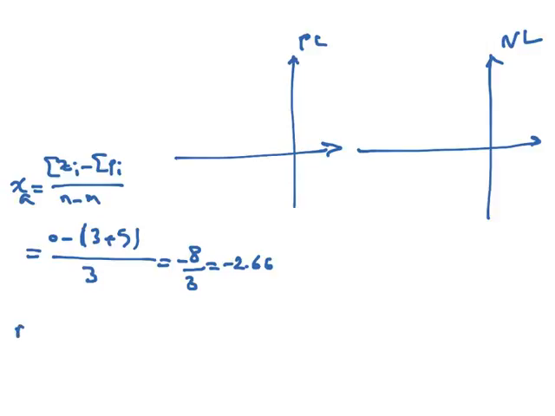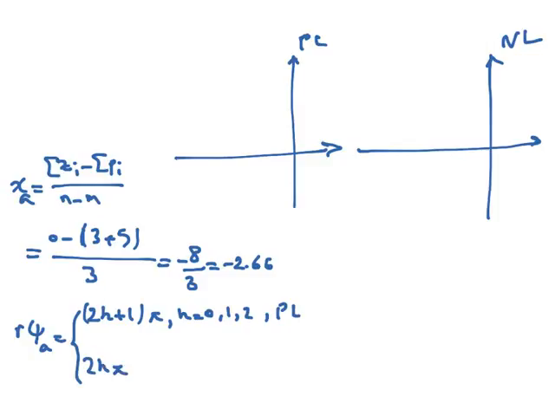So we have r times the angle of the asymptote equal to (2h plus 1) times pi, where h will be equal to 0, 1, and 2 for positive locus, and 2h pi, again h equal to 0, 1, and 2 for negative locus.